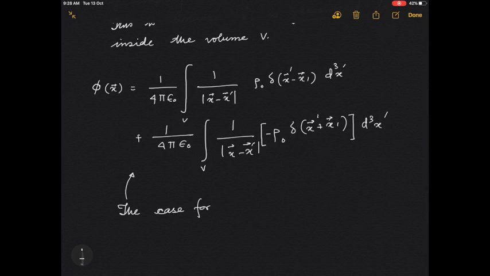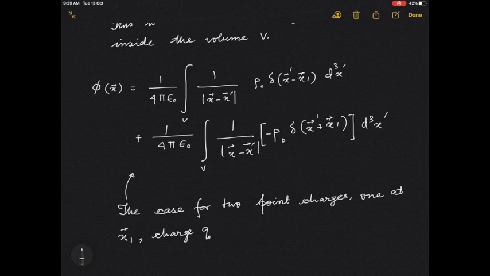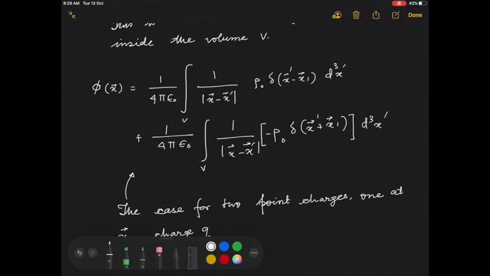This is the case for 2-point charges. One at x1, charge q0.